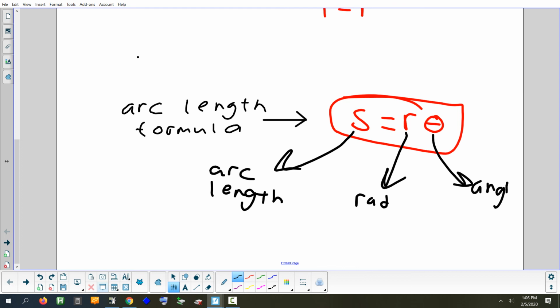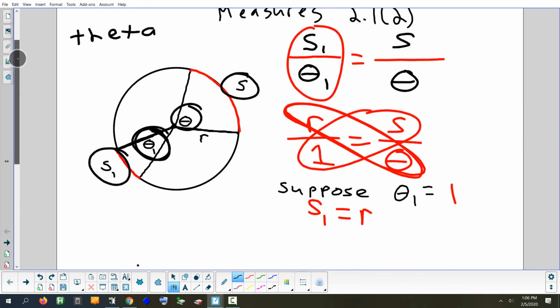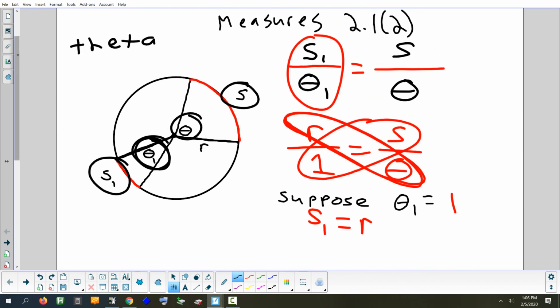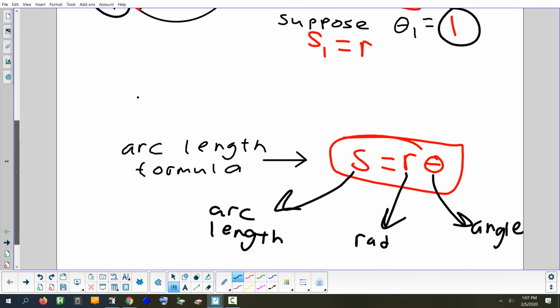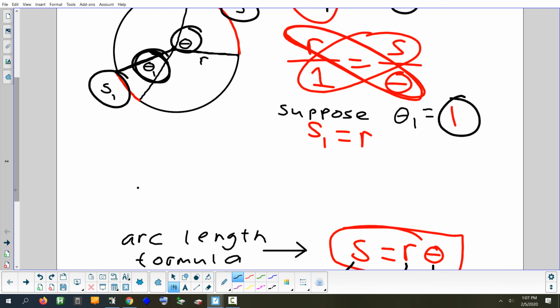We got to be a little bit careful about the angle. What did we assume way back, or what did we suppose that theta 1 equaled? Radians. Theta 1, when we went through this whole thing, we assumed that the angle was a radian, which means this formula only works in radians.